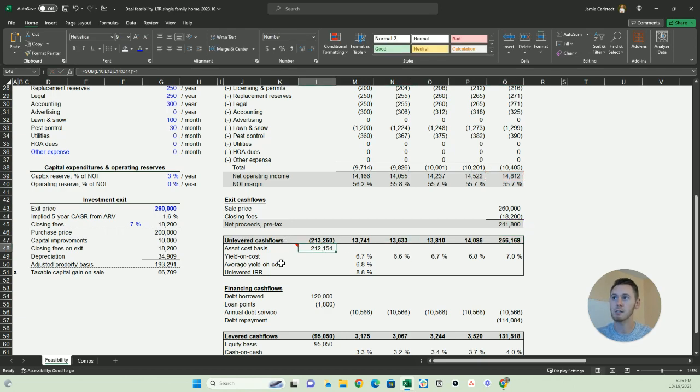So our cost basis, when we're looking at the yield on cost, and we want to know how this property is performing on a yield on cost basis, we can define the cost basis as the purchase price plus capital expenditures. So the cost basis for the property itself is your purchase price and the capital expenditure, or the budget, the investment into the fixed property itself up front.